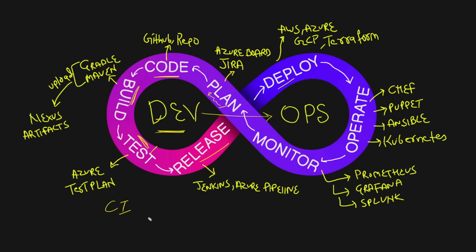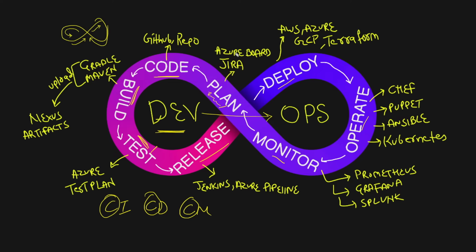These two stages are referred to as CD, which is continuous deployment, and then finally operate and monitor, which comes under continuous monitoring. Why are we saying continuous for each of these groups of stages? Because you see it is shown as an infinity loop, and we are showing that this is an ongoing and continuous process from one stage to another, right?